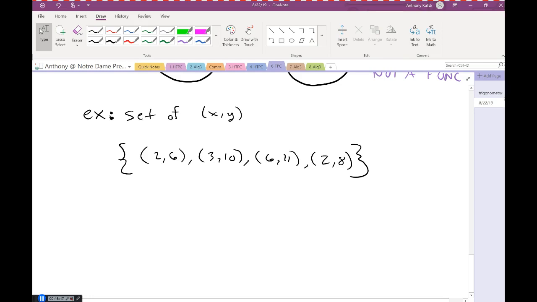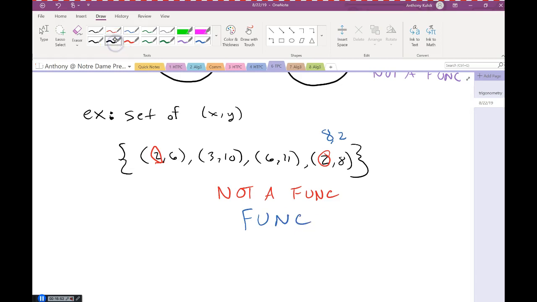Is this a function? Okay, why not? Yeah, so the x value of 2 repeats. Now, if the last ordered pair had been (8, 2) instead of (2, 8), would it be a function? That's a function then, right? Good. All right.